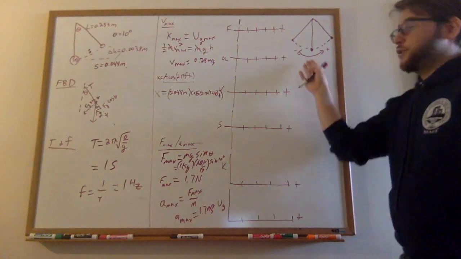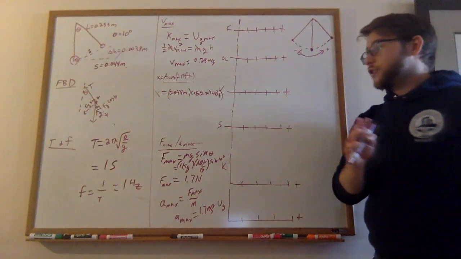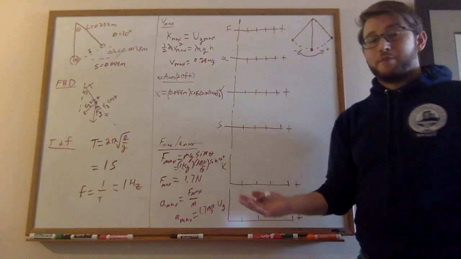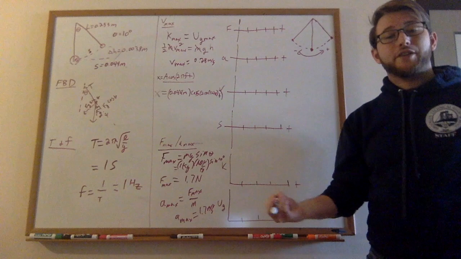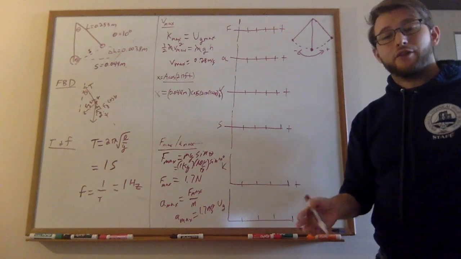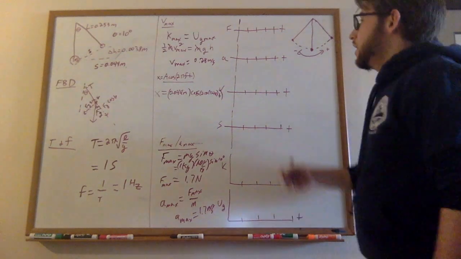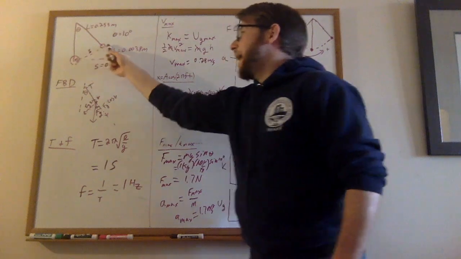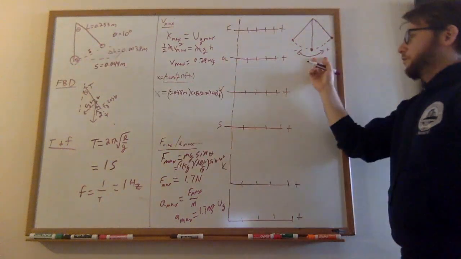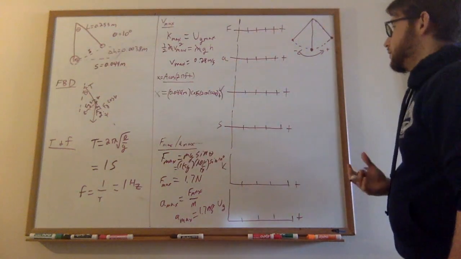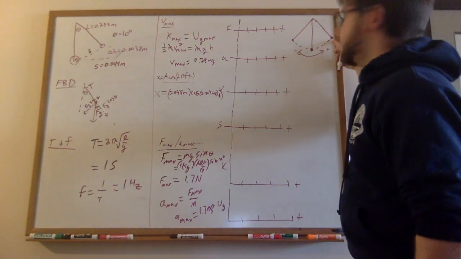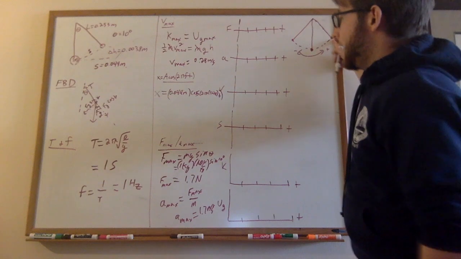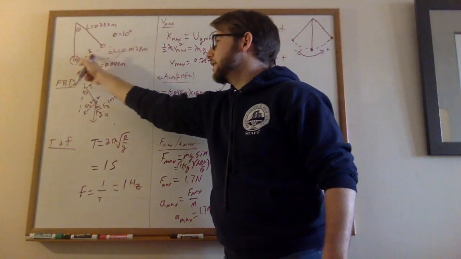And lastly, we're going to look at our graphs. We're going to do the same approach that we do for the spring mass oscillator. We want to think about where is this graph going to start at t equals 0, and where is it going to go after that, looking at some key points. If we start at the maximum positive amplitude, I've put a frame of reference here for us to use to help us. At that point, we're at our maximum positive position, and that means the force is in that direction.